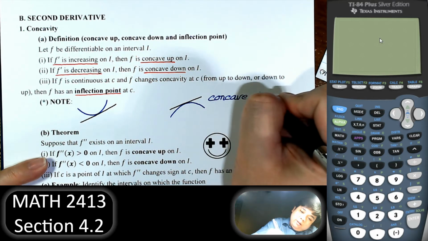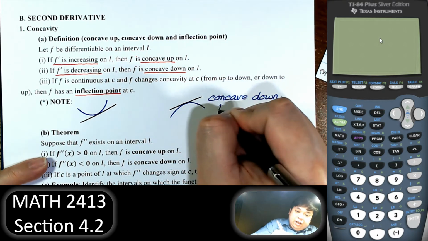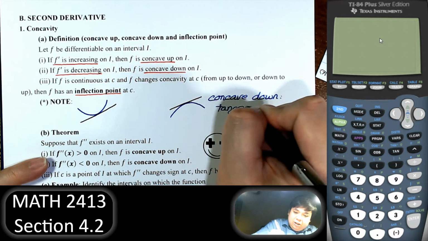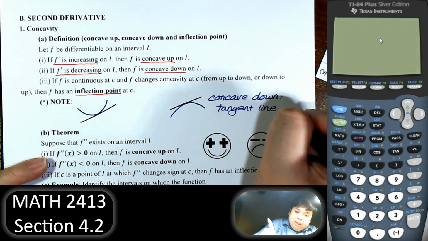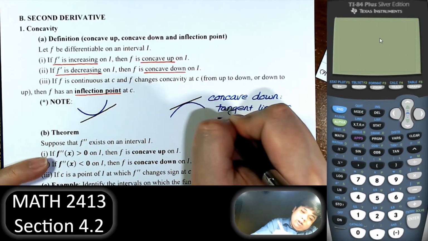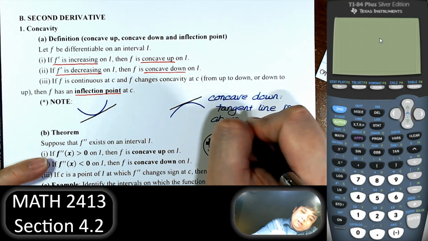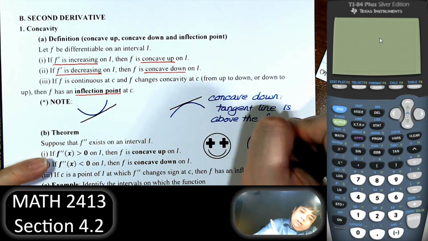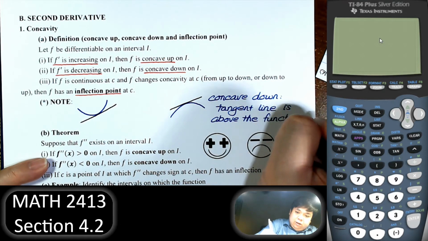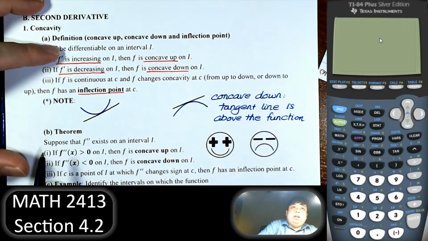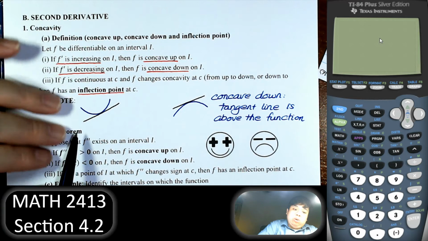Concave down, the tangent line is above the function. And concave up, the tangent line is below the function.